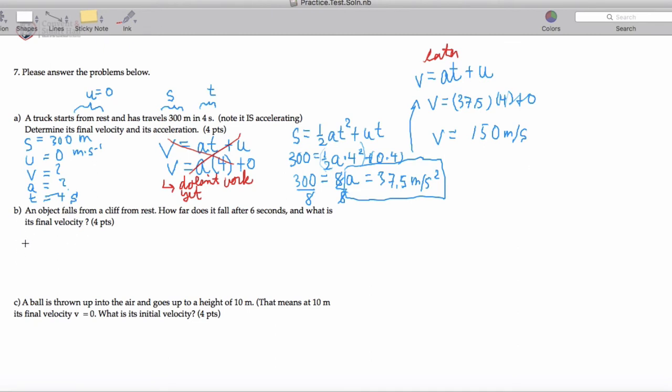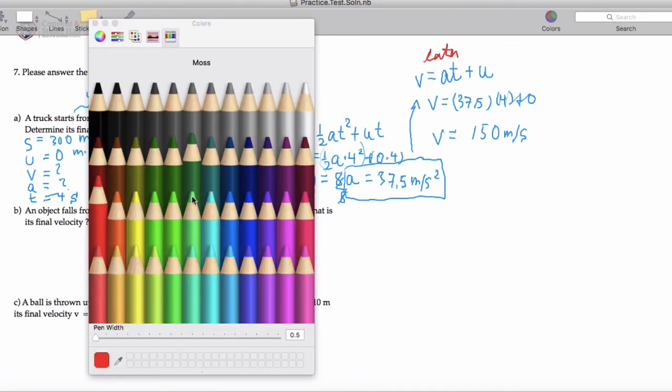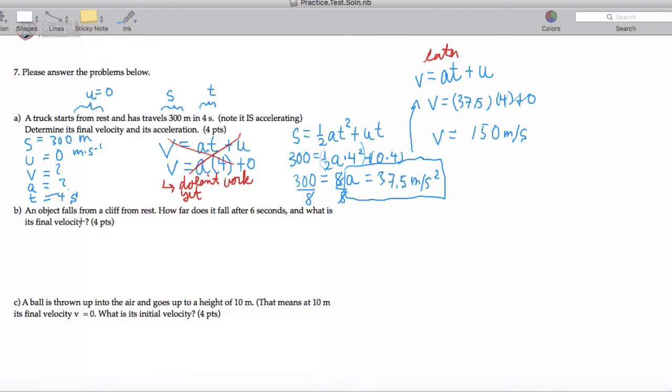So let's do our Suvat. S, u, v, a, t. S, we don't know. U is 0. It falls from rest. V is unknown. A is 10. And t is 6.